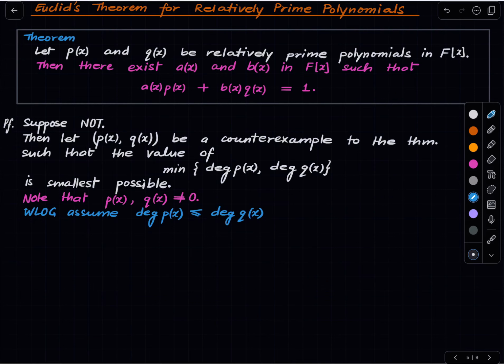One of them will have greater or at least as much degree, so just call the smaller one p(x).